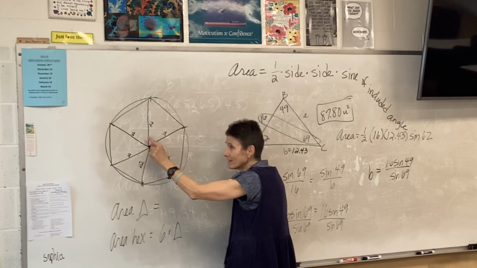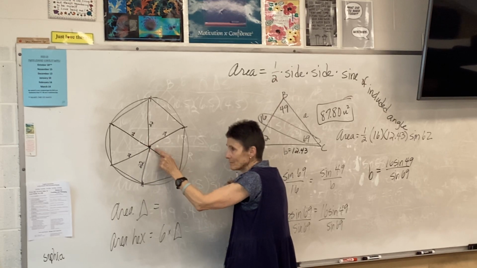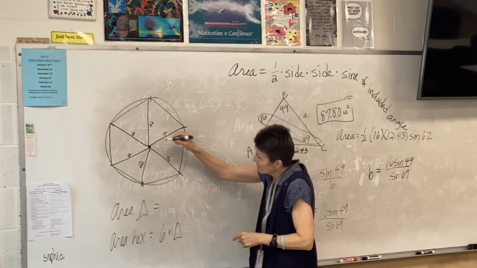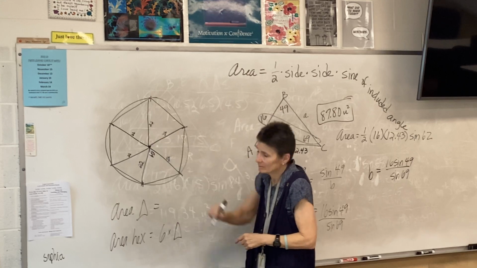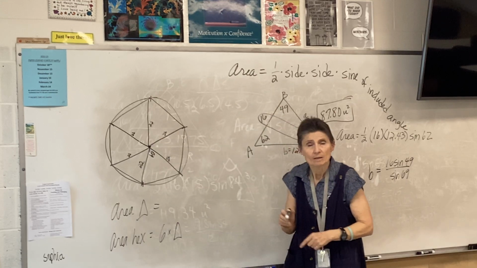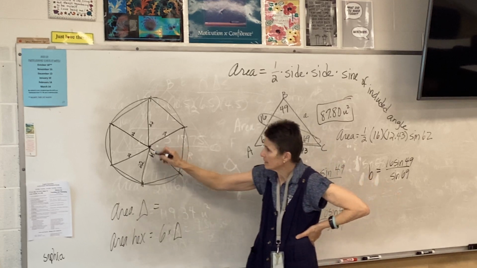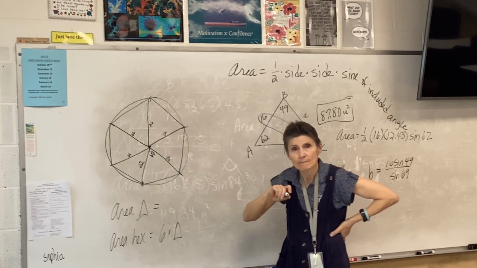If there's 360 degrees around this whole circle, and it's been divided up into 6 equal pieces, then isn't this angle 60? Because all the way around is 360, and we've cut it up into 6 pieces.